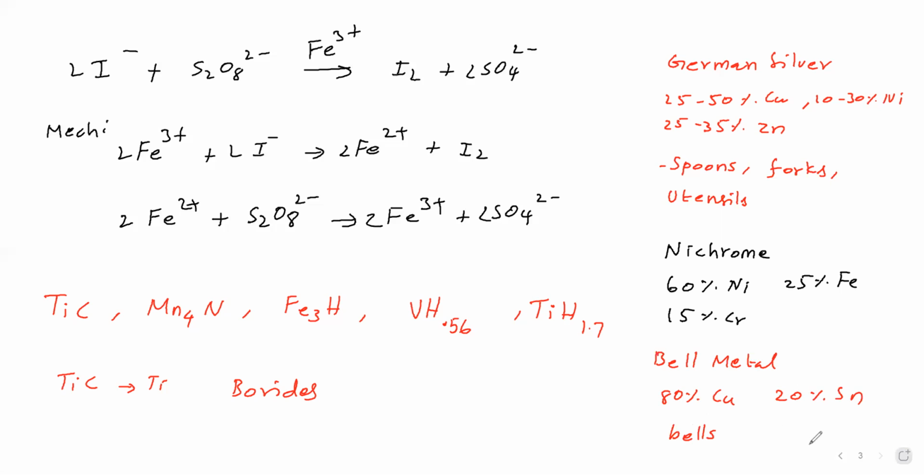Next we are taking gun metal. In gun metal, 88% copper is there, 10% tin, 2% zinc, and 0.5% lead is present.